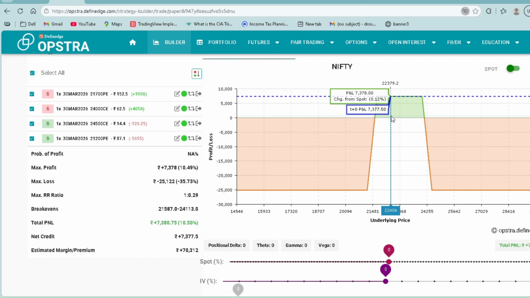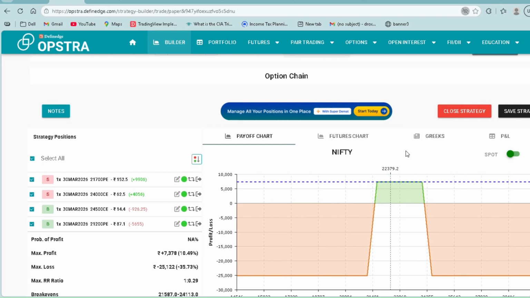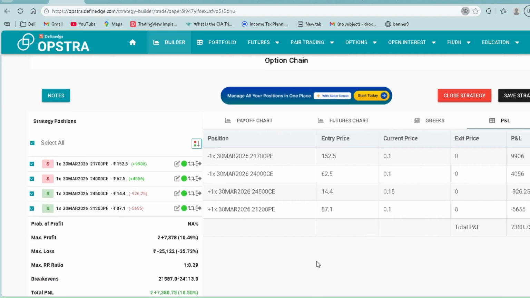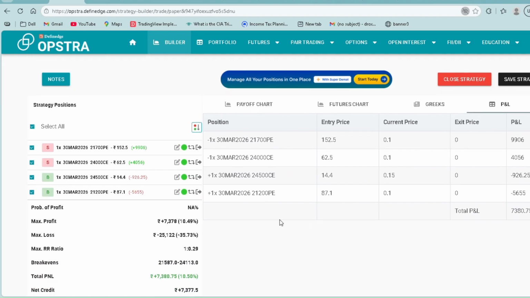See, the market mostly closed near the middle. So this is my 21,700 PE.